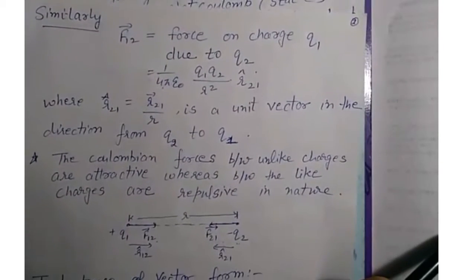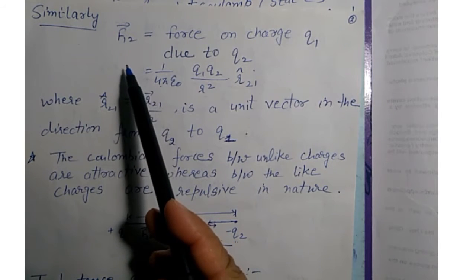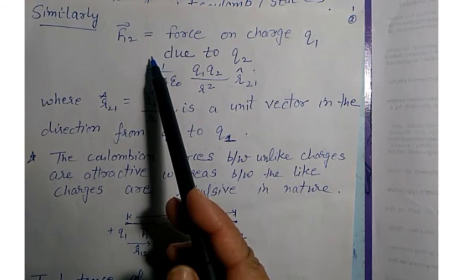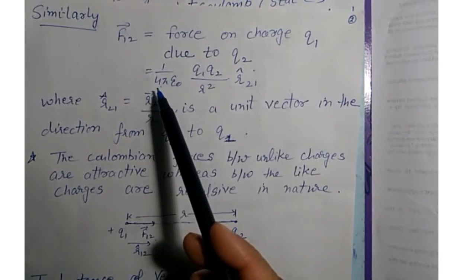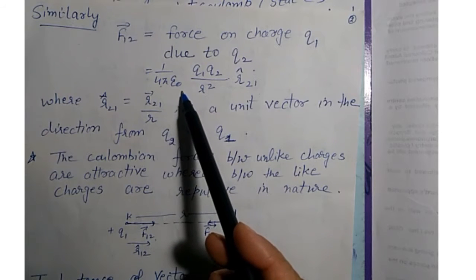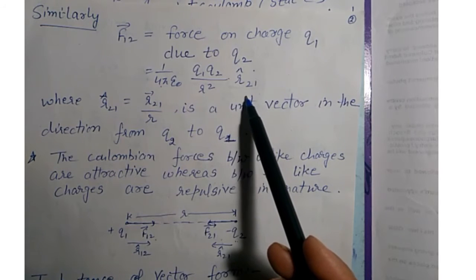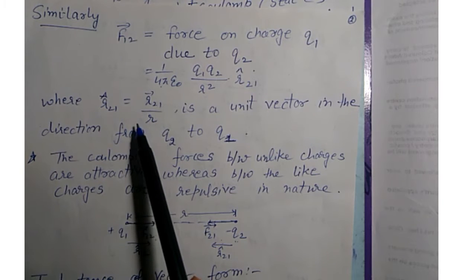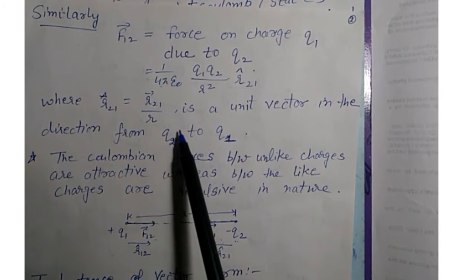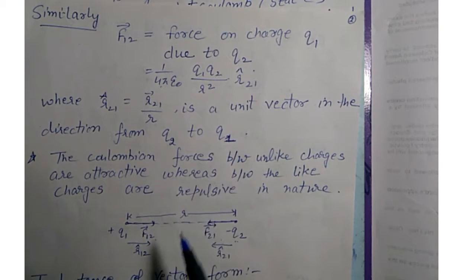Similarly, the force on charge Q1, that is F12, the force on charge Q1 due to Q2, equals 1 upon 4 pi epsilon naught Q1 Q2 upon R square times unit vector R21. Again, unit vector R21 equals vector R21 divided by the modulus R, and it is directed from Q2 to Q1.